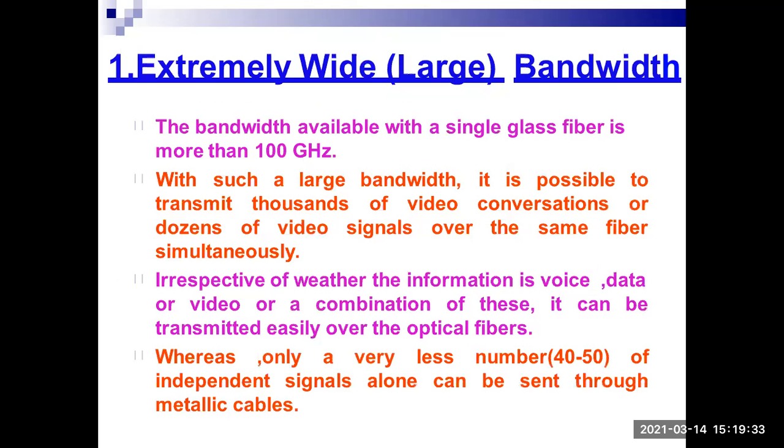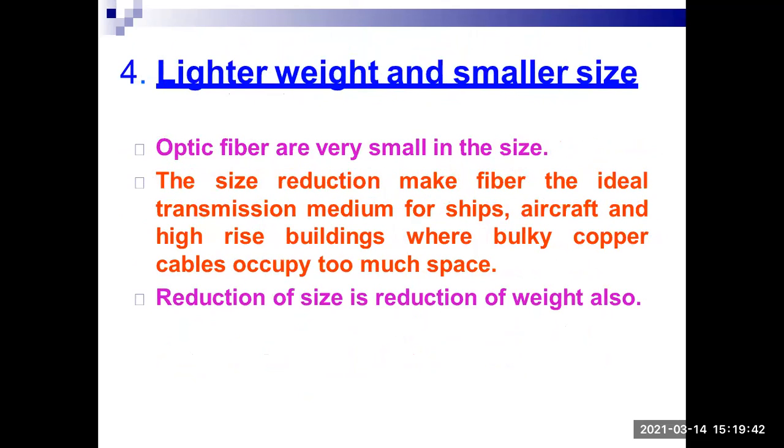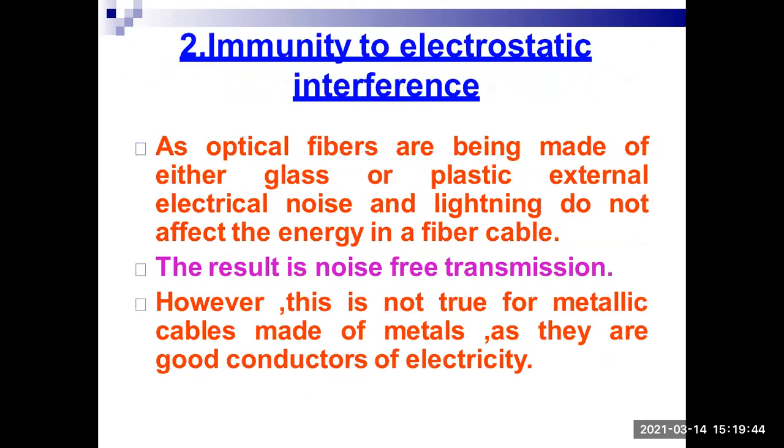The bandwidth of a single glass fiber is much higher. Now we first need to discuss the differences between the normal coaxial cable and the need for studying optical fiber with respect to the copper coaxial cable.